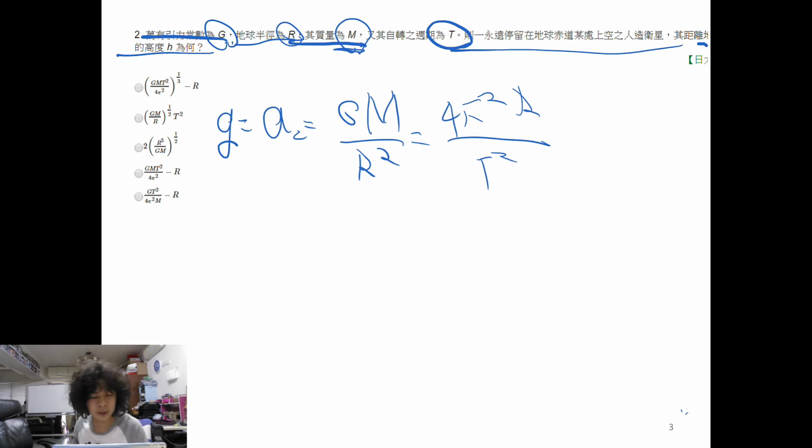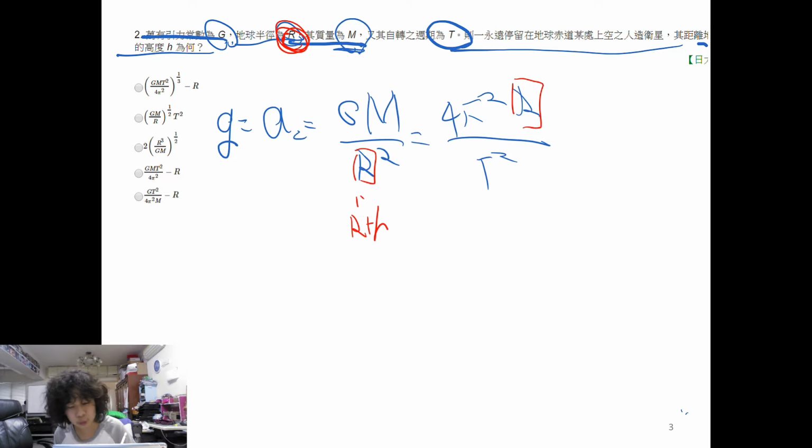Now basically, I'm going to tell you something: the R should be changed, because it's not equal to this R, because this R is actually R plus h, right? So maybe I will change it into another symbol, small r, okay?